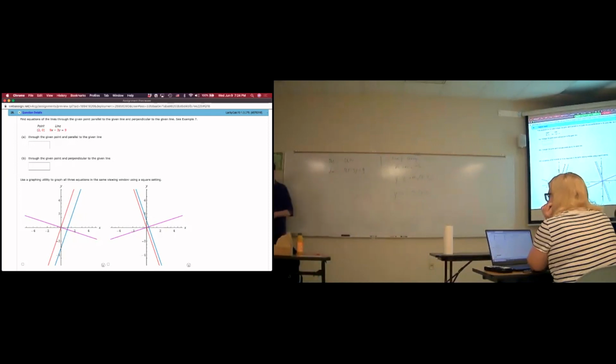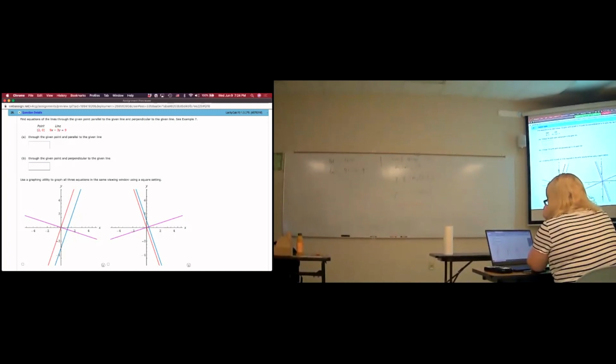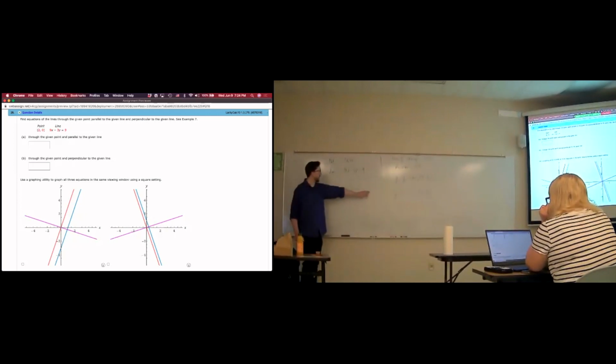So my points are 2, 2, and then the line is 12x minus 4y equals 4. You would have to follow the same sort of process here. First, put your line into slope intercept form.